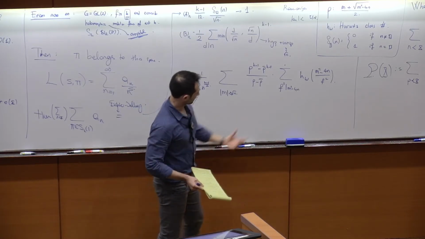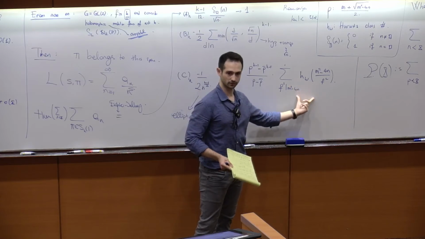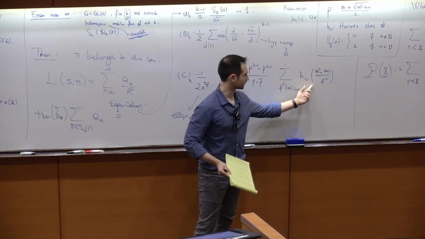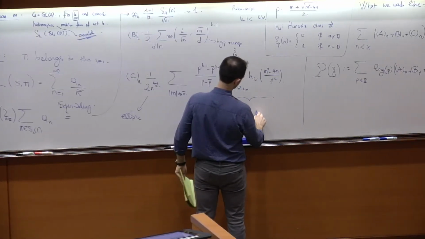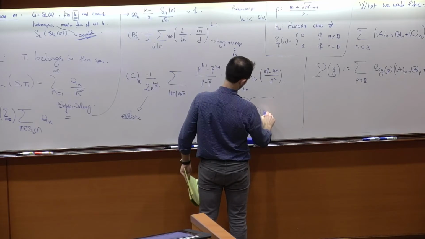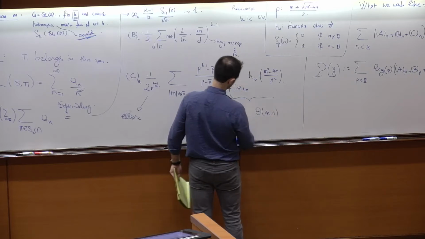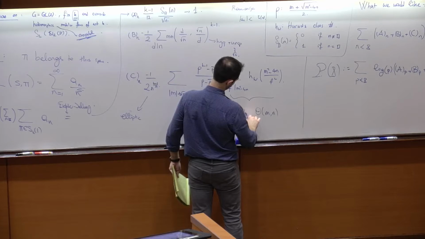This quantity right here is the class number and the orbital integral combined in general. So this thing is roughly the orbital integral of the element with trace m, determinant n, times the class number, the volume of the same m, n.